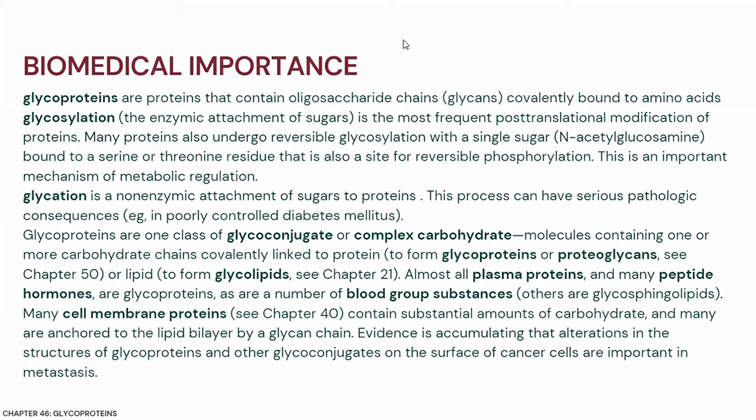Okay, so glycoproteins are a class of glycoconjugates, or complex carbohydrate molecules, that contain one or more carbohydrate chains linked covalently to the protein to form glycoproteins, or sometimes also called proteoglycans.